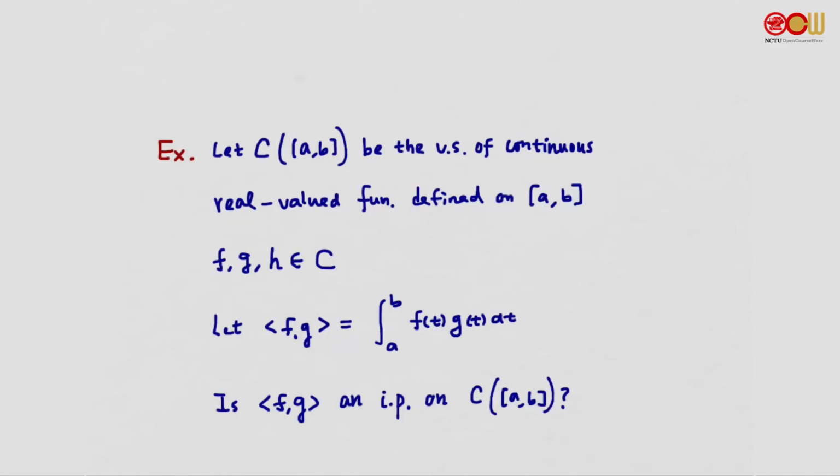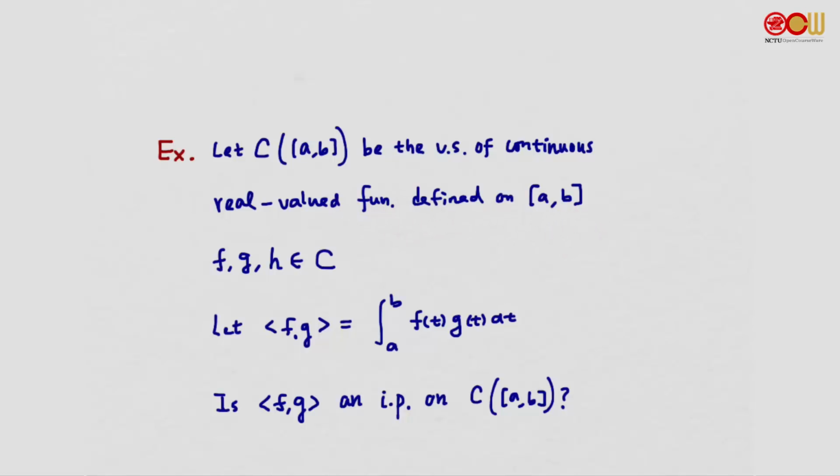An example. Suppose C[a, b] is the vector space of continuous real-valued functions defined on the closed interval a to b. So this is the collection of all continuous real-valued functions defined on this interval.